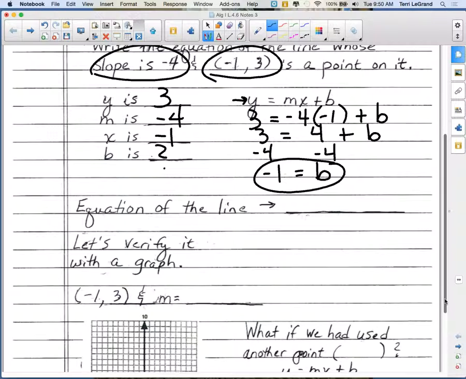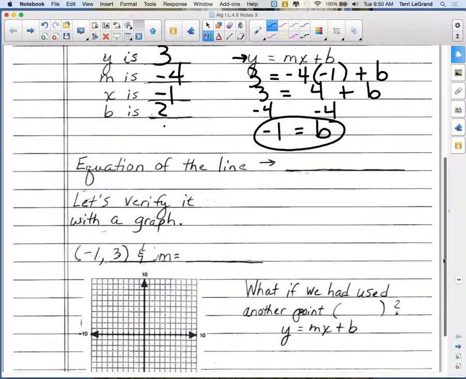Okay, let's write the equation of our line. What's the equation of the line that has this slope of -4? We now know it has a y-intercept of -1. We just happen to know that ordered pair (-1, 3) lies on it. What's its equation in slope-intercept form? y equals, and we don't replace the y and the x because there are several ordered pairs on this line, remember, but between any 2 points, the slope is -4.